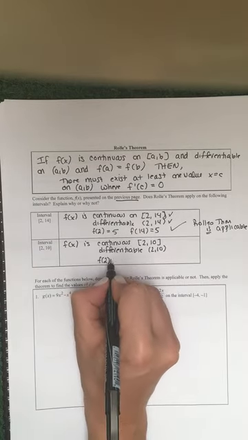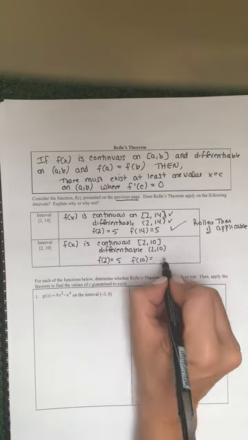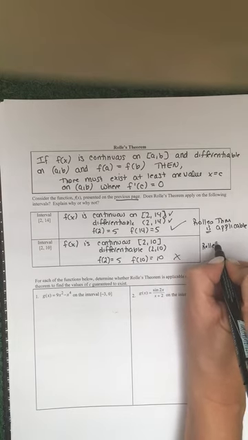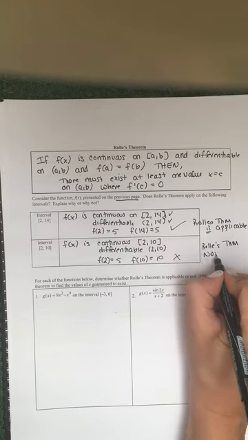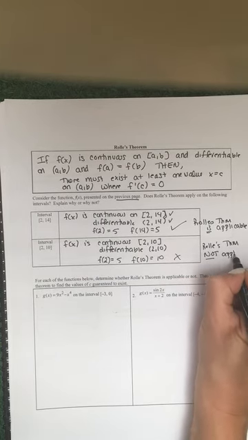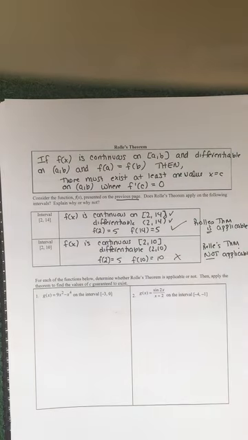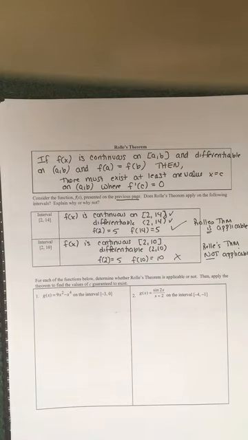And we know from before that f of 2 is equal to 5, and f of 10 is equal to 10. They are not equal, so because of that last condition, Rolle's theorem is not applicable over this interval, meaning that there's no guarantee that there's some value in between here that has a derivative equal to 0.